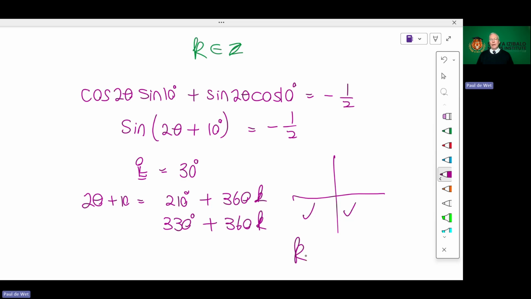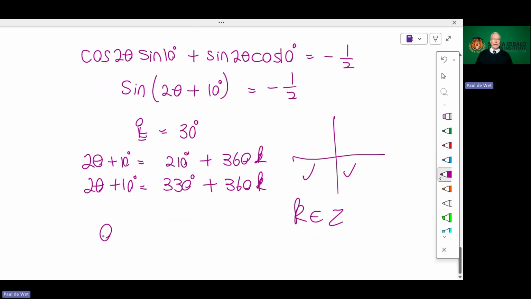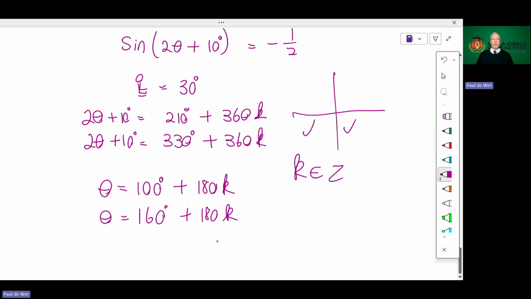Both of these with k an integer. All right, and that's 2 theta plus 10. And we now solve for theta in both of these. So we get 200 divided by 2. We get theta is 100 degrees plus 180k. Or here we get 320, which when we divide by 2 becomes 160 plus 180k. And there's our general solution.